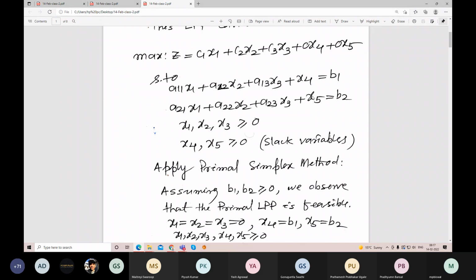Generally a basic feasible solution contains basic variables and non-basic variables. Here, with 5 variables and 2 equations, how many basic variables and how many non-basic variables? 2 basic variables and 3 non-basic variables.